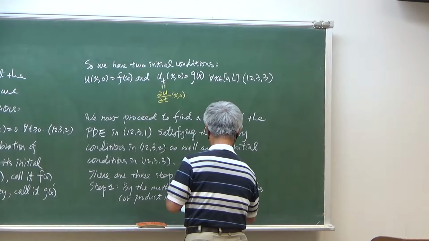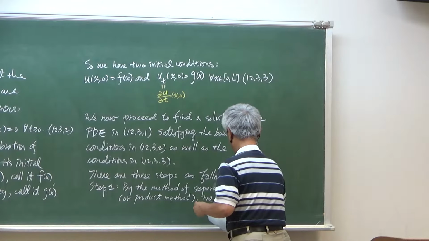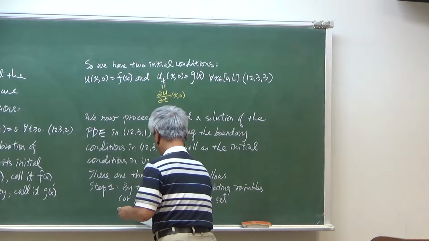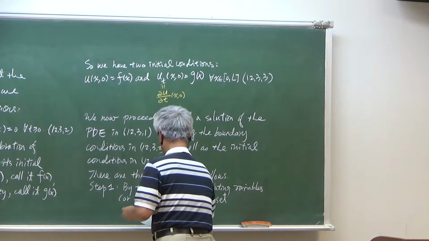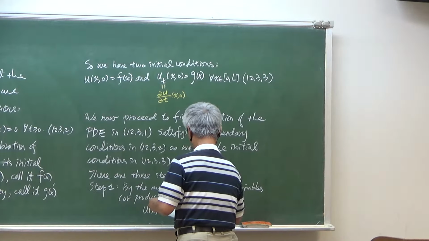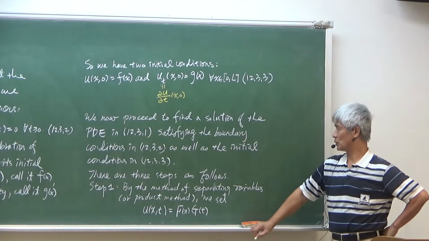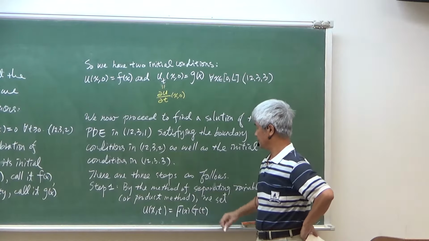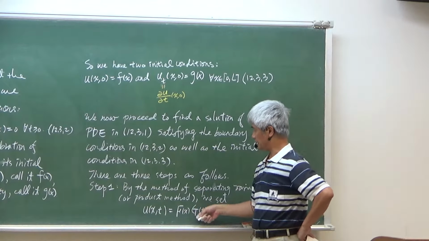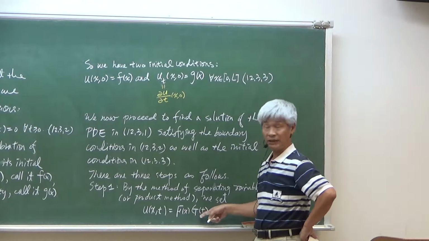We first want to find solutions. We set u of x,t equal to capital F of x times capital G of t. So we will set the solution to be the product of a function of x and a function of t.